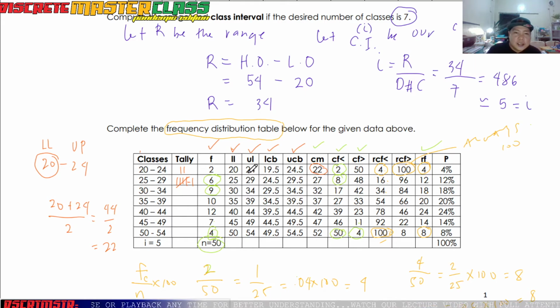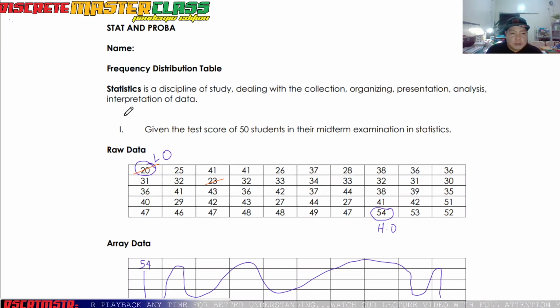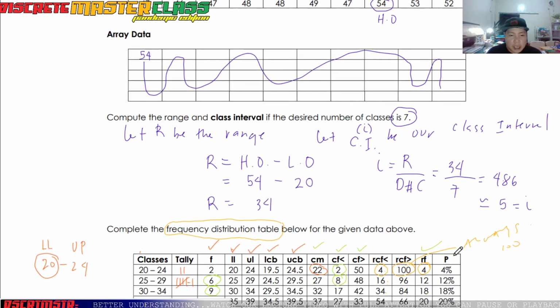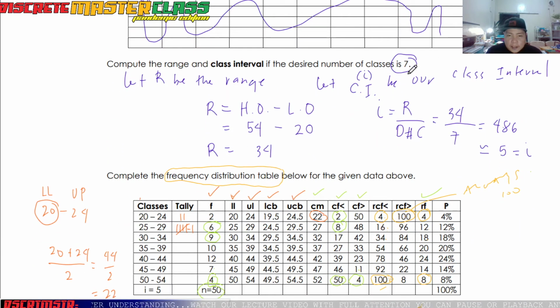Okay? So, recap lang tayo, no? From raw data, you need to arrange. You need to find your range. To find the range, you need to determine your highest observation and lowest observation. Kaya mo na yan. The desired number of class is always given. If not given, ask me kung ano gusto ko. Okay?